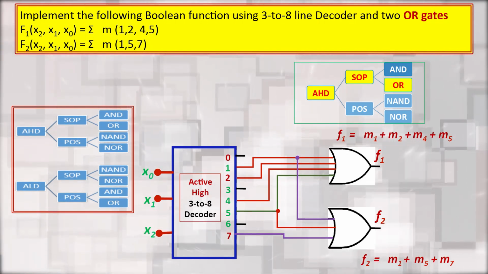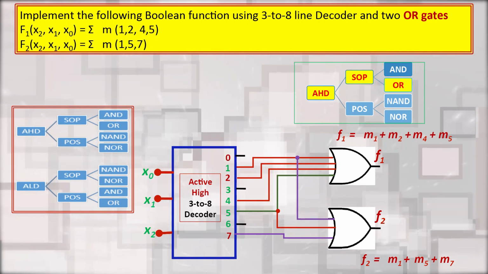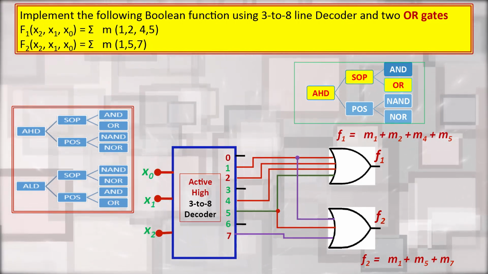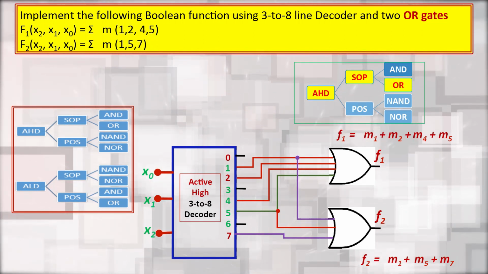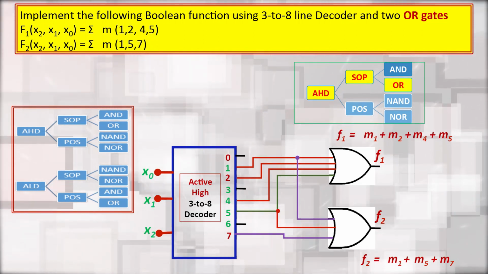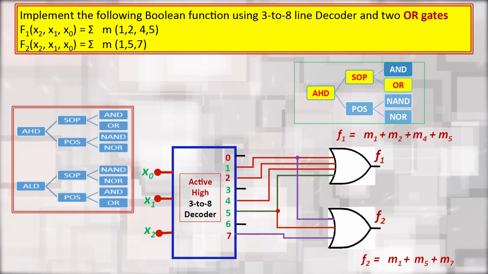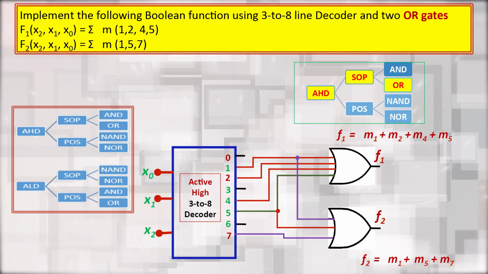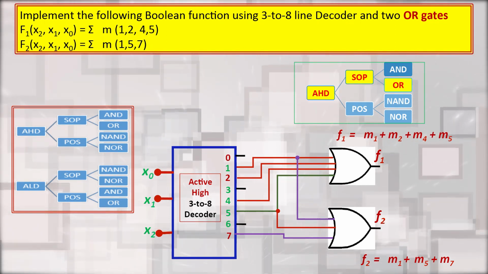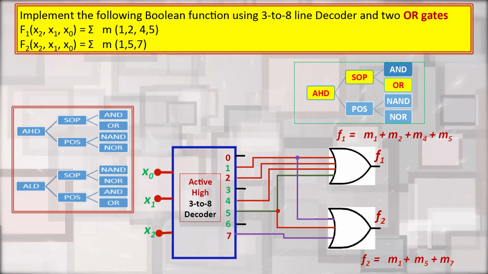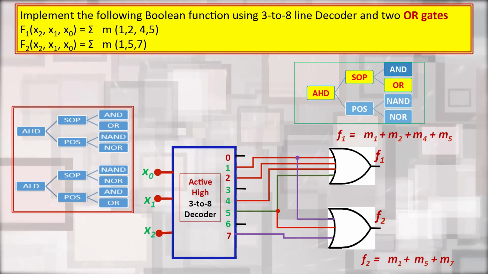So, SOP and OR gate, so we have to use an active high decoder. We will select a 3 to 8 decoder, and the outputs 1, 2, 4, 5 will be connected to an OR gate, and for the second function outputs 1, 5, 7 are connected to another OR gate, and this way the functions are realized.